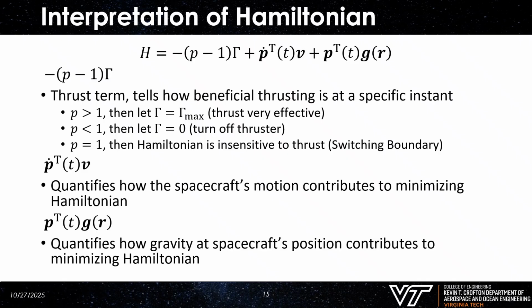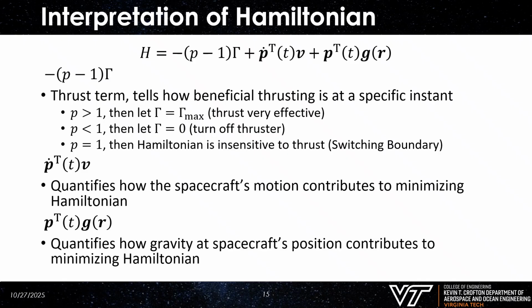So let's take a step back and try to get a physical interpretation for our Hamiltonian. Our first term, negative of our primer vector magnitude minus 1 times our thrust value, is our thrust term. And it basically tells us how beneficial thrusting is at a specific instant. So when p is greater than 1, you want your thrust to be as high as possible because your thrust is very effective.